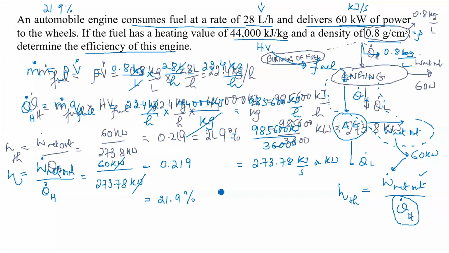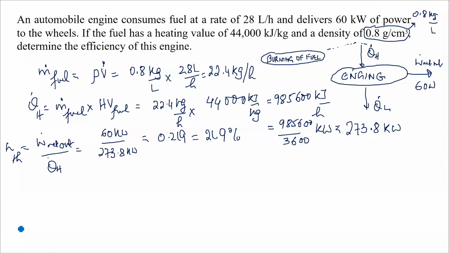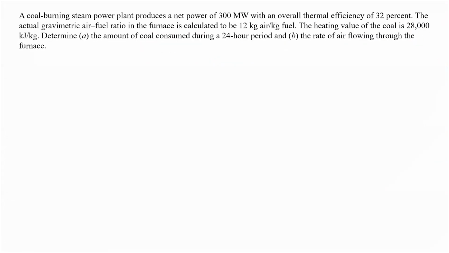Now let us have a look at another problem. The solution is already there for you. You can go through the slides. It says that a coal burning, external burning steam power plant produces net power of 300 megawatts with an overall efficiency of 32%.